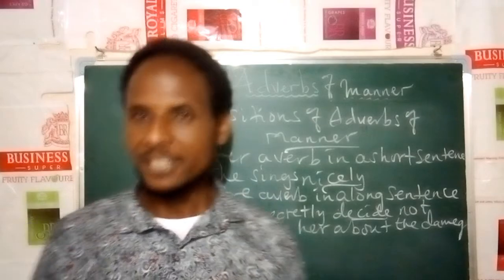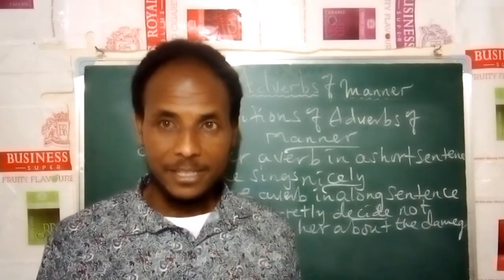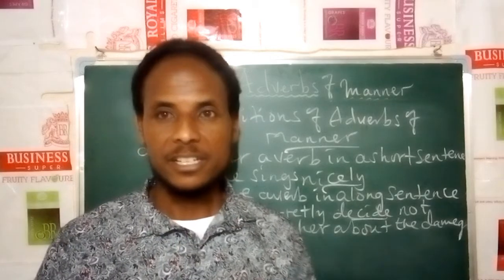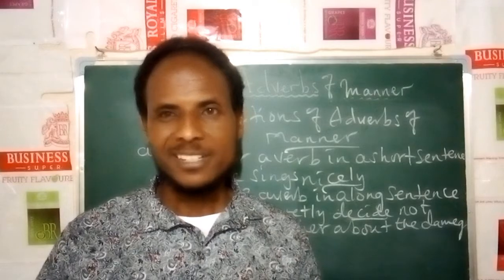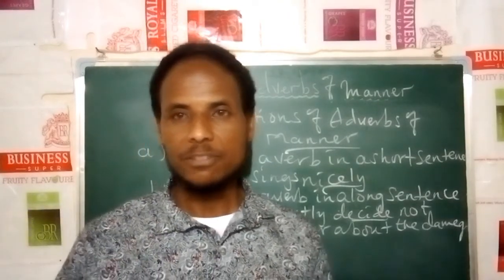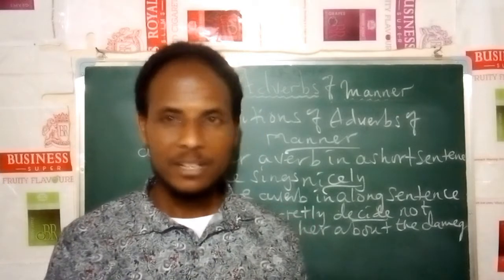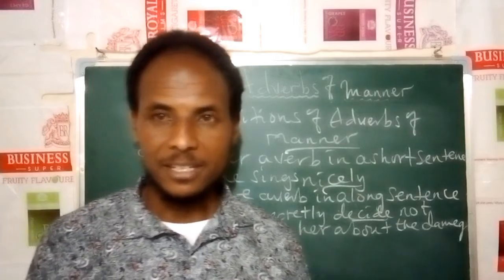What do we mean by emphatic? It is necessary, very interesting information, very important information, a very amazing, very surprising story. If the sentence is like that, very amazing, very interesting, and very surprising, we say this sentence is emphatic.